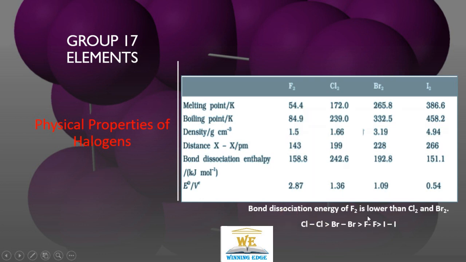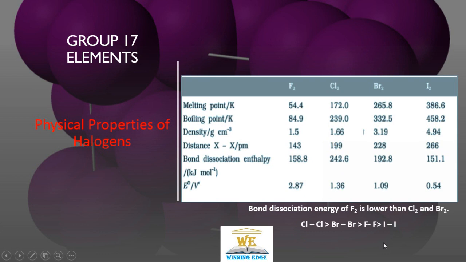For fluorine, we have inter-electronic repulsions. The repulsions between lone pairs of electrons present upon the small-sized fluorine atoms and the smaller bond distance are the reason.